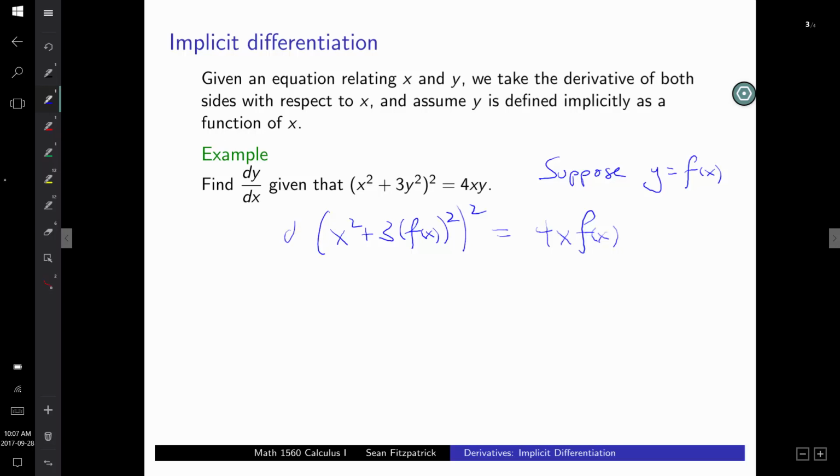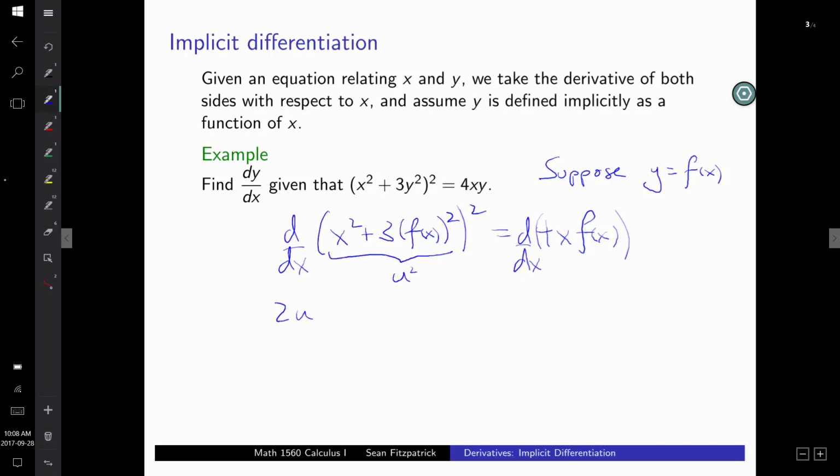And so now I take the derivative of both sides. These two functions are equal, that means their derivatives must be equal. And what do we get? On the left-hand side, I can think of this whole thing here as being like u, so this is like u squared. So the chain rule says what?